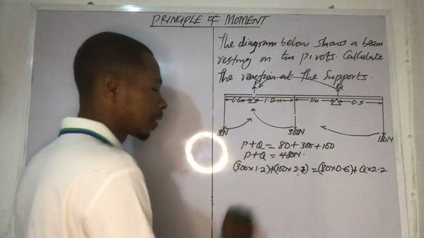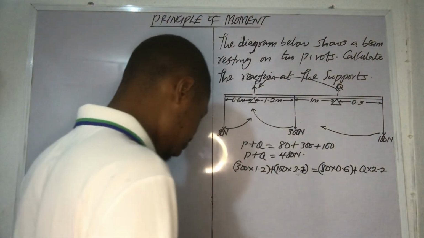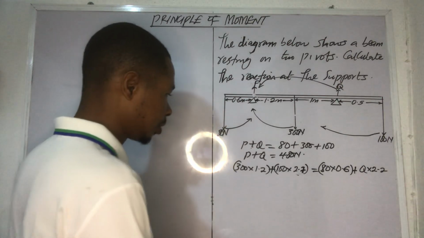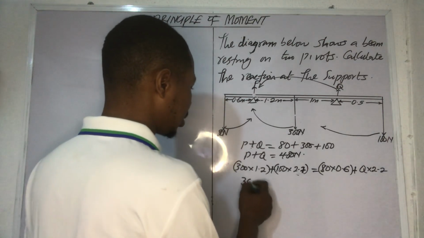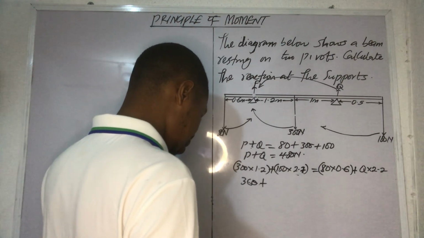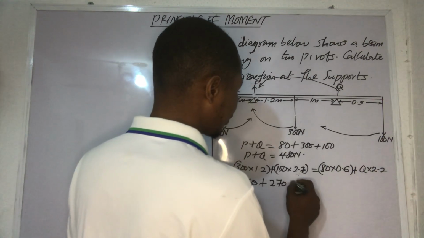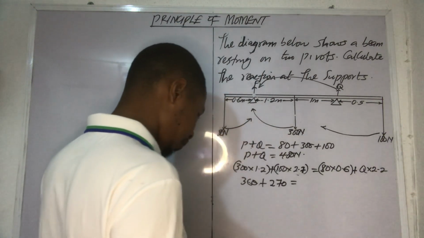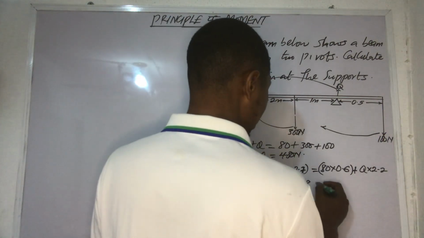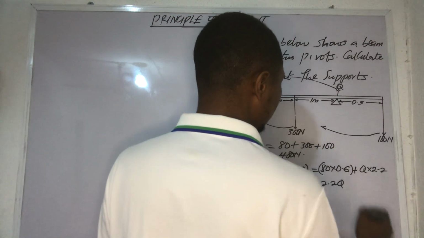Then if I simplify this further, I will have 300 times 1.2. That will give me 360, plus 100 times 2.7, that will give me 270, is equal to 80 times 0.6, that's 48, plus Q times 2.2, that's 2.2Q.